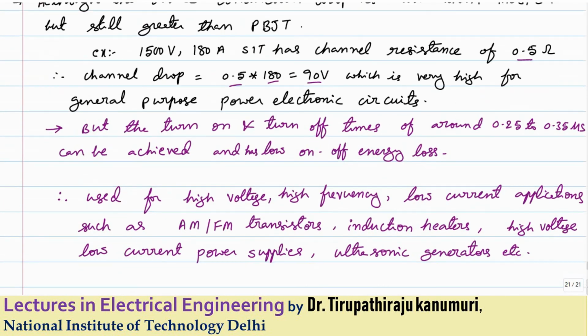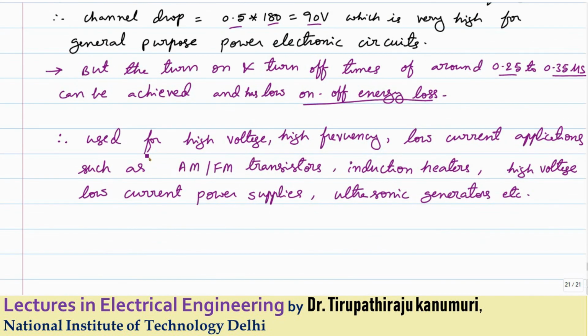But the advantage of this one is that the turn on and turn off times are around 0.25 to 0.35 microseconds. As the turn on and turn off times are very small, the turn on and turn off losses are also very small in this type of device. That's why these are particularly useful for high voltage, high frequency, but low current applications. Why low current?